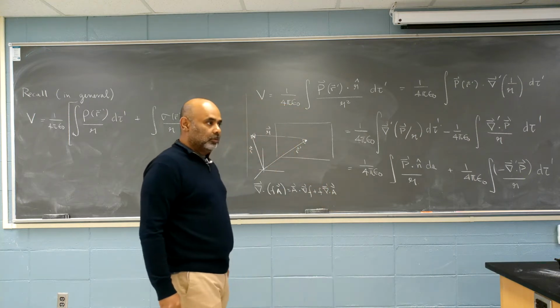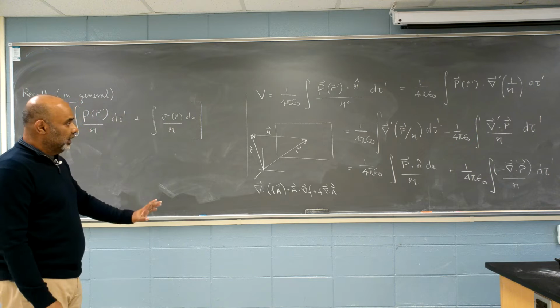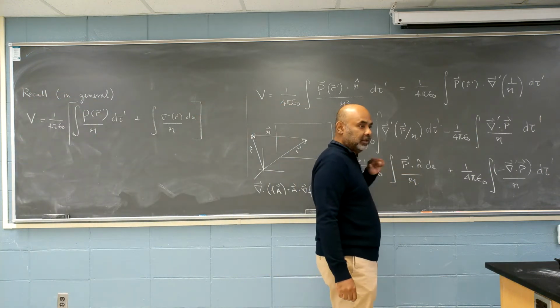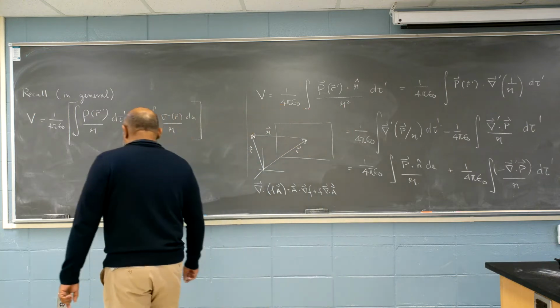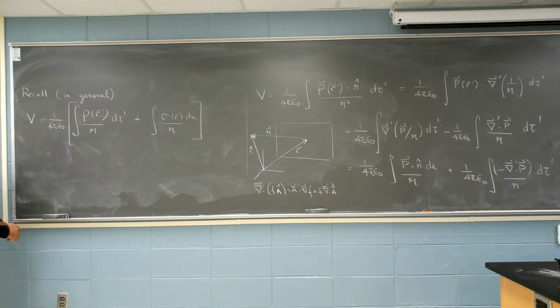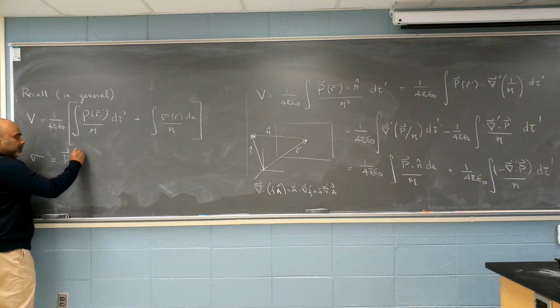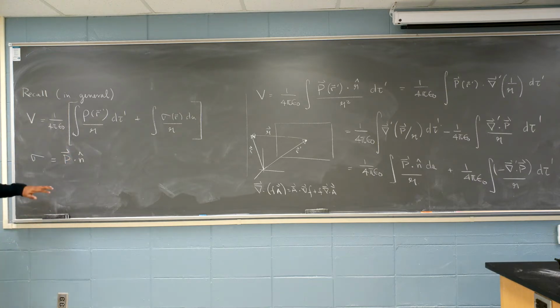So then I know if there exists such a vector field as a polarization vector field, I can imagine the whole problem to be solved because of stuff we know already. It's exactly like this if you make the assumption that the polarization surface density is nothing but P dot n on the boundary.